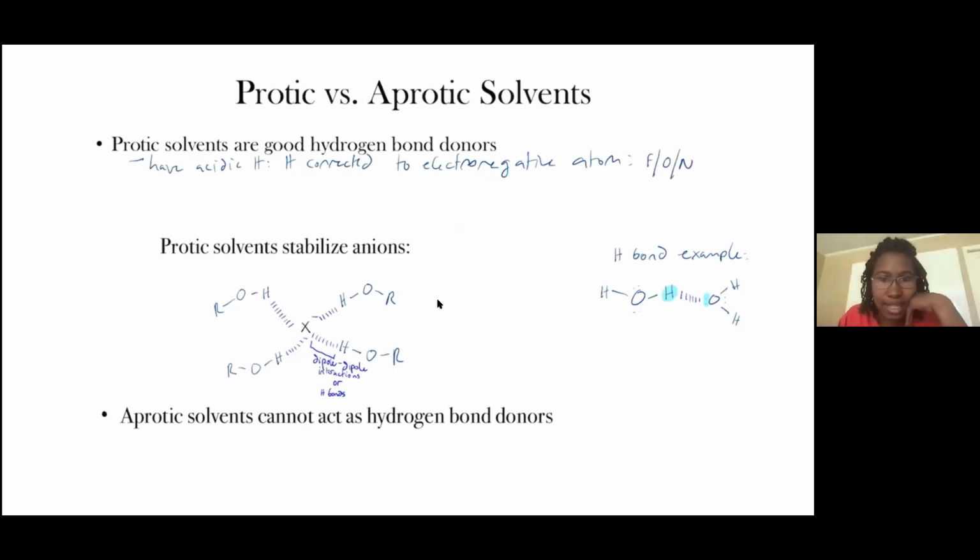Because these solvents have acidic hydrogens connected to an electronegative atom and have that partial positive charge, they're going to be good participants in hydrogen bonding.